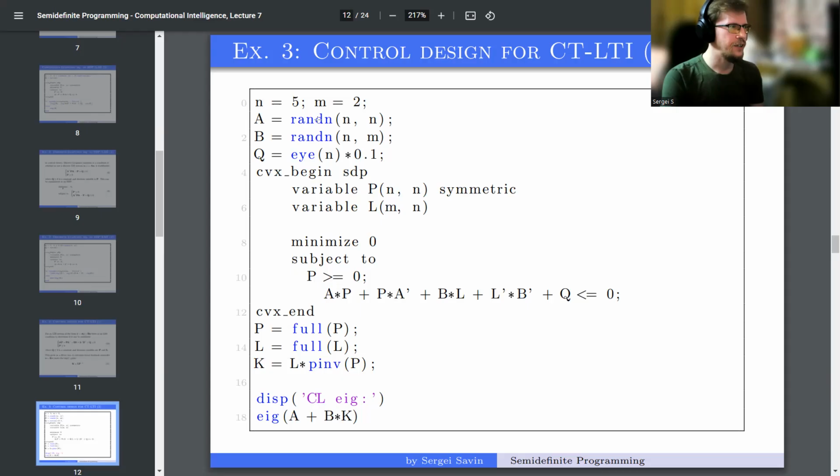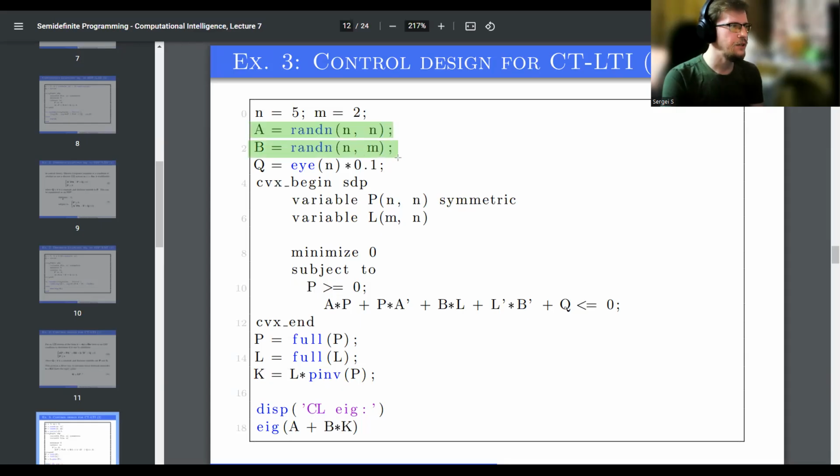So we have random A, B. We declare two variables, P and L. Only P is symmetric. L doesn't have to be symmetric. It somehow makes sense because L would have to be M by N, right?